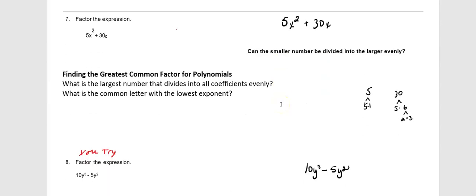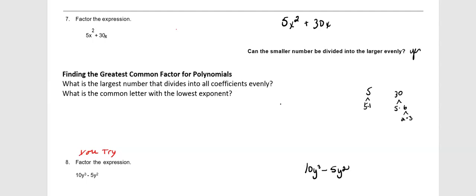For the next question, 5x squared plus 30x, we're being asked to factor the expression. So we're finding the GCF and then we're going to factor using that GCF. Let's start with finding the greatest common factor. Before we go with the prime factorization of both numbers, we want to ask ourselves, can the smaller number be divided into the larger number evenly?